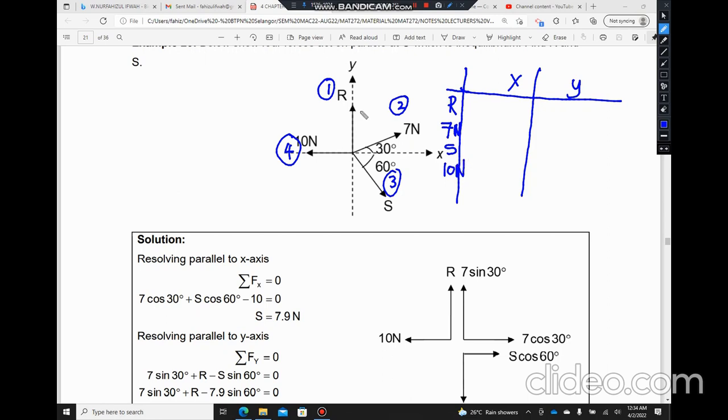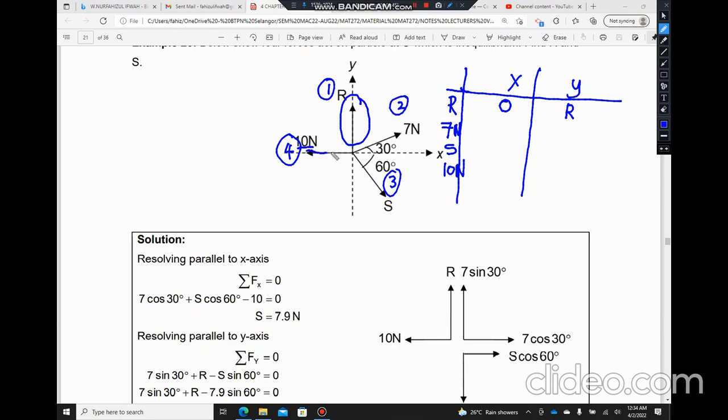Okay, so R yang ni untuk X dia cuma vertical. Okay, so bila dia vertical, so kita assume untuk X dia 0, and then untuk Y dia akan dapat R. Okay, sebab apa Y dia dapat R positif? Sebab dia ke atas.